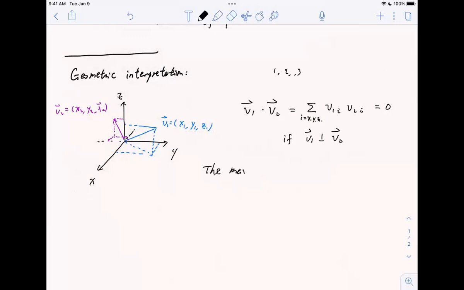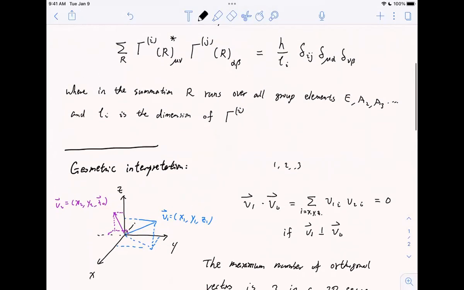The maximum number of orthogonal vectors is 3 in a 3D space. So this is what we learned before.